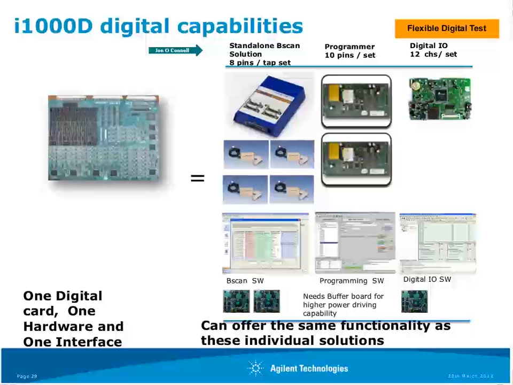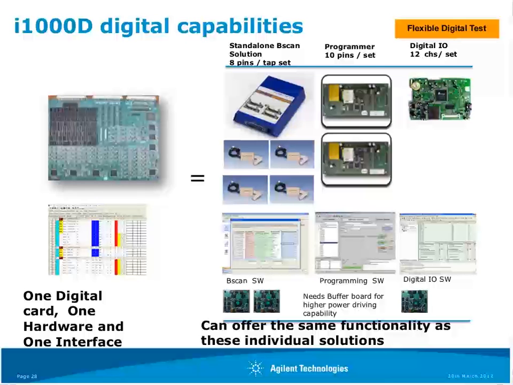If you look here, the I-1000 digital capabilities are rolling together the features of a standard boundary scan solution, the features of a programmer, and the features of the digital I/O card that's attached to those. So we see one digital card, one software, one hardware, one interface can offer the same functionality as these individual solutions.